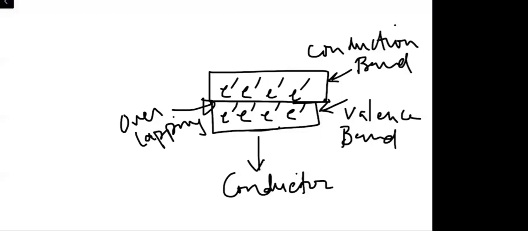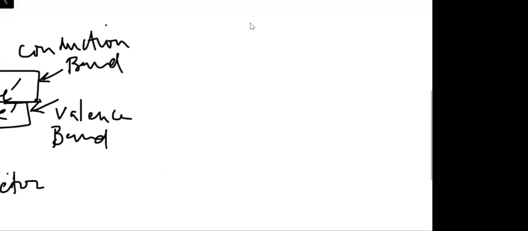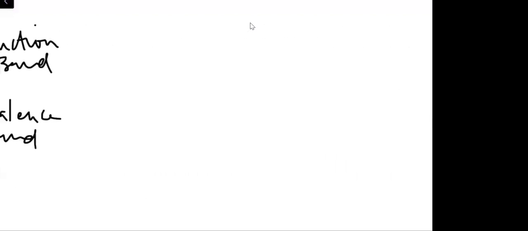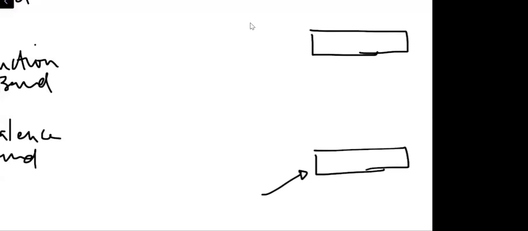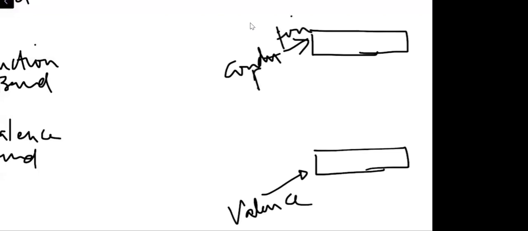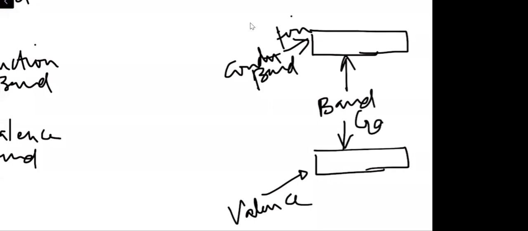Now in the case of an insulator, the gap between the valence band and the conduction band, the band gap, is quite big.